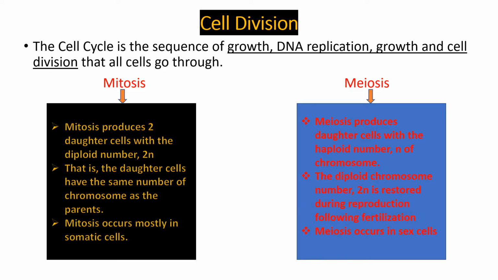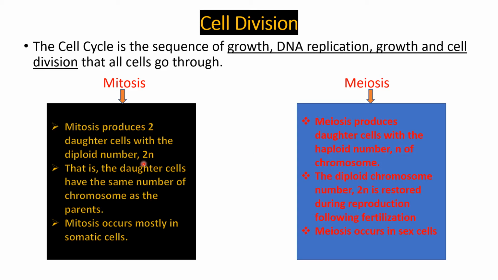The cell cycle is a sequence of growth, DNA replication, other growth, and cell division that all cells go through. And the process of cell division is divided into two: we have mitosis and then we have meiosis. Mitosis will produce two daughter cells with a diploid number, while meiosis will produce daughter cells with a haploid number n of chromosomes.